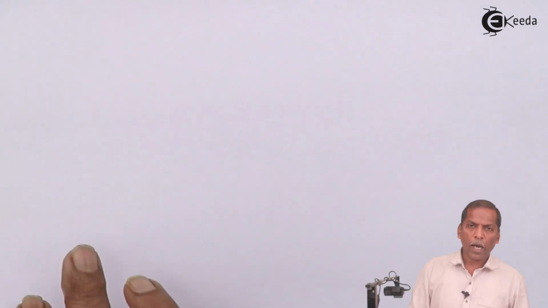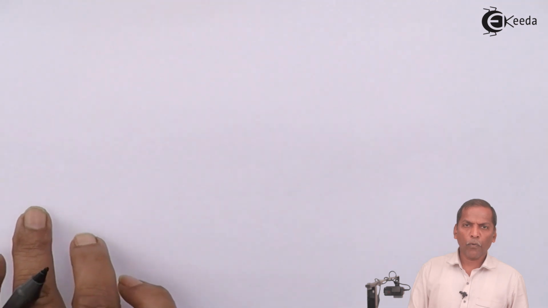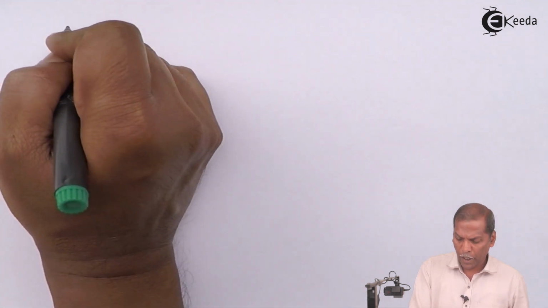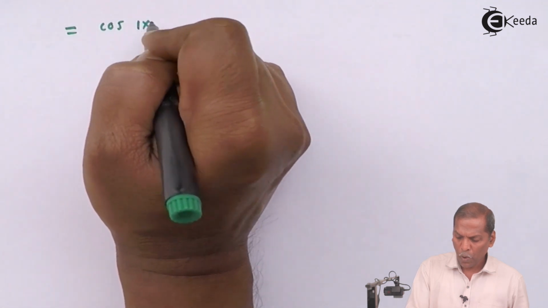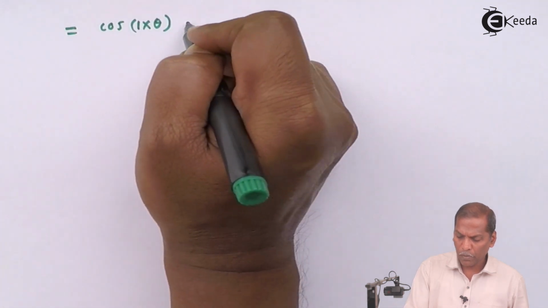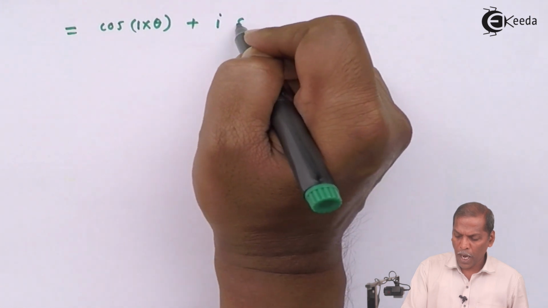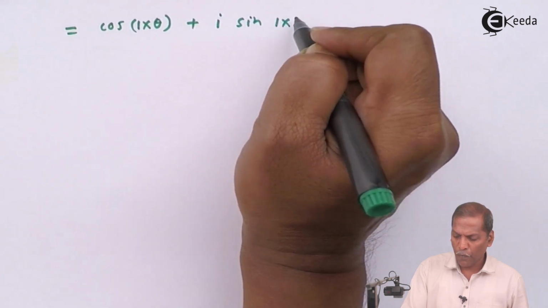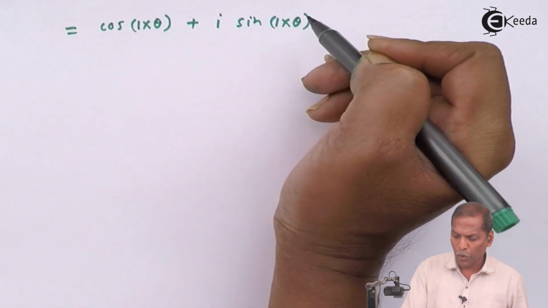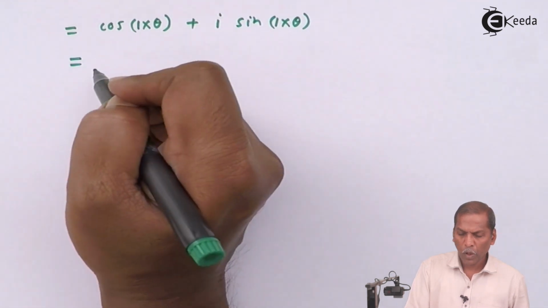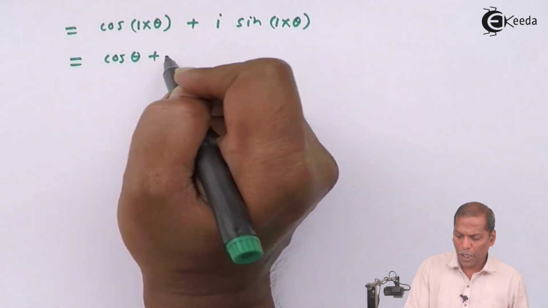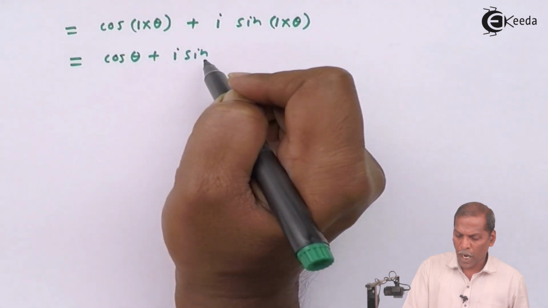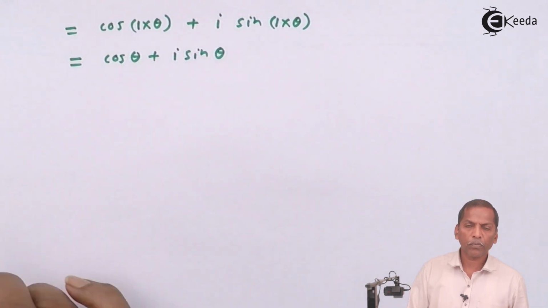For n we put 1, so the next step is cos of 1 into theta plus i sin of 1 into theta, and finally we get cos theta plus i sin theta.